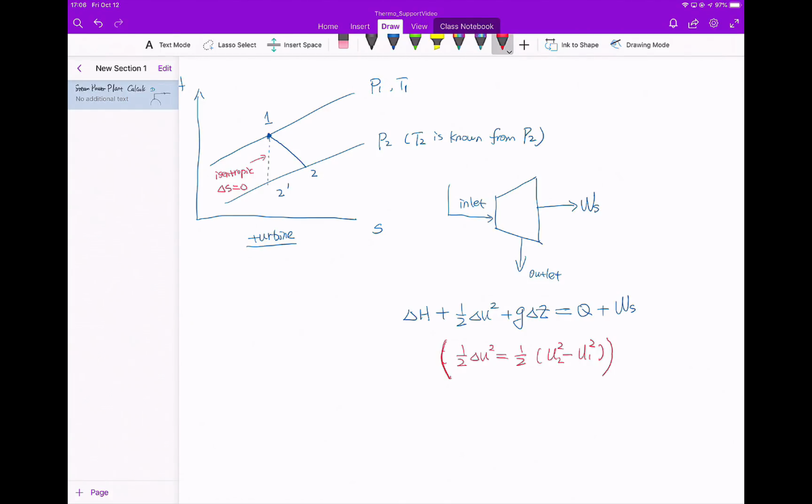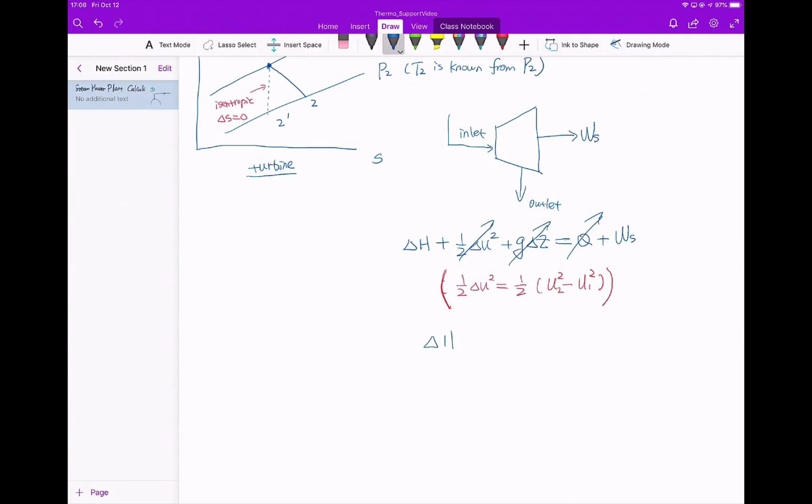And then we know for a turbine, the purpose is to receive the maximum shaft work, and we typically don't allow any heat leakage. We try really hard to avoid heat leakage, and we don't need to worry about lifting this to the 10th floor, or changing the inlet and outlet tube diameter. So all those terms would be 0. This delta H would be the shaft work.